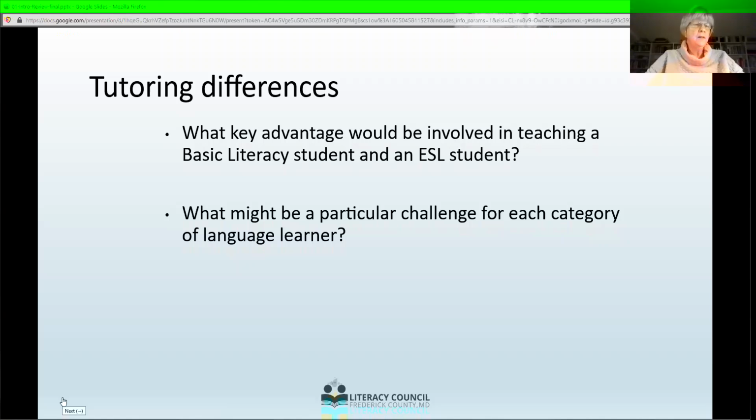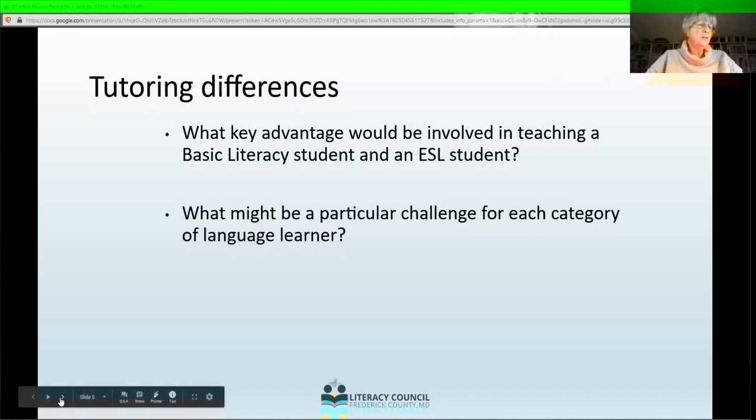One perceived advantage of working with a basic literacy student is that you begin by both speaking the same language. An advantage for working with an ESL student could be that they might already be highly literate in reading English, but just need practice speaking or help with pronunciation. The basic literacy student may be lacking confidence or may have negative learning experiences.